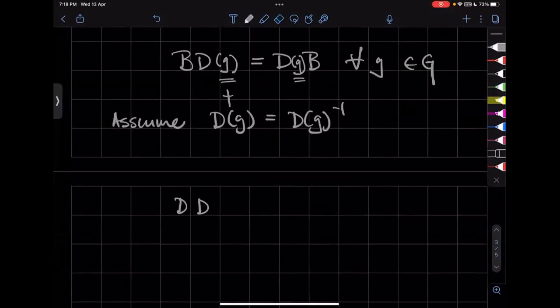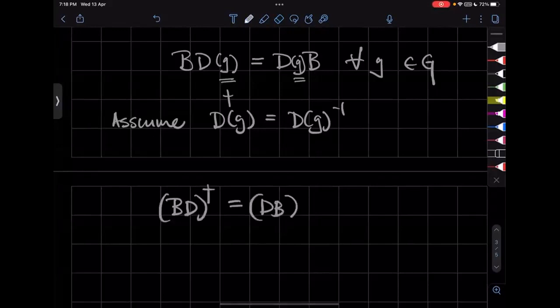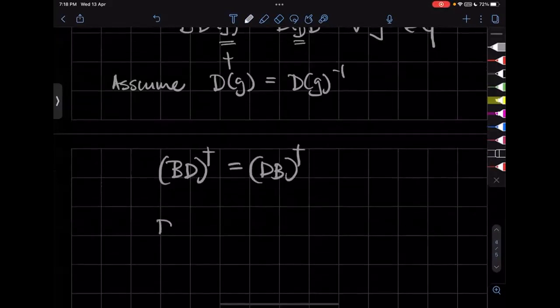So the equation I get is, if I take B D equal to D B dagger, then I get D dagger B dagger is equal to B dagger D dagger.